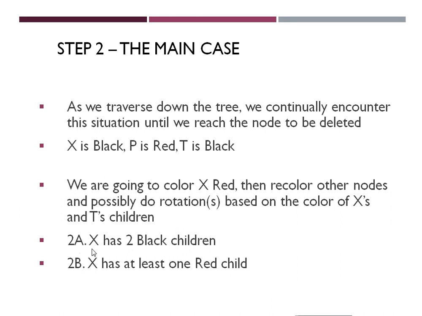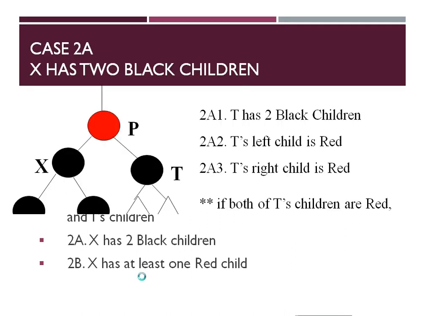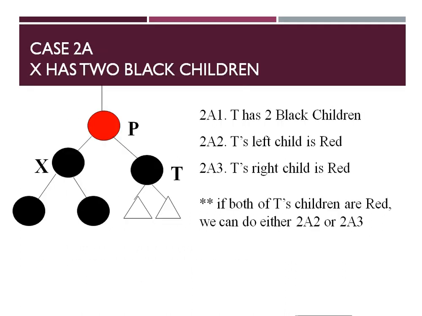Here in this case, we have X, we are taking this case as 2A. The case is X has 2 black children, and 2B is the case where X has at least 1 red child. So let us first examine case 2A where X has 2 black children.